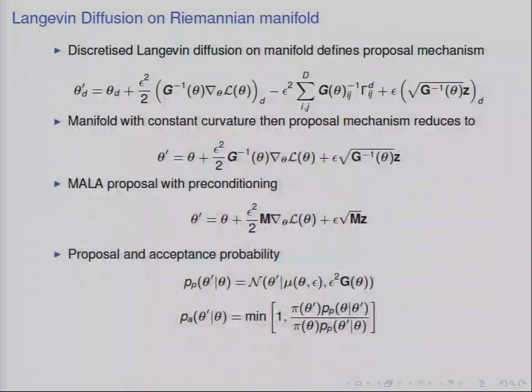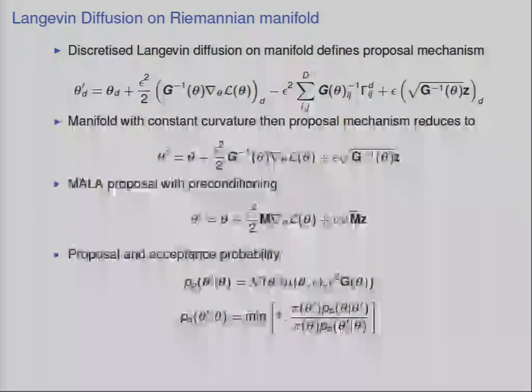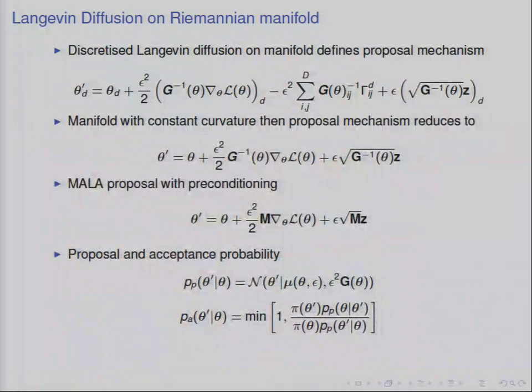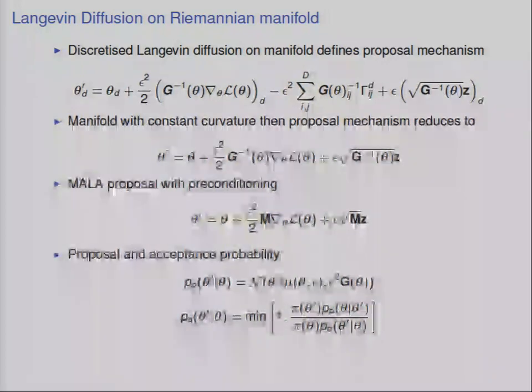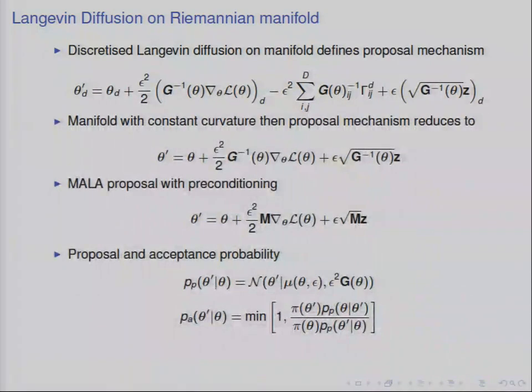And now we have a covariance structure which again is a function of current position and scaled by the square of the integration step size. Now, of course, because we've discretized this, this is just a proposal. We therefore define the overall transition kernel by the product of our proposal and our acceptance probability, which in this case is just the standard Hastings type acceptance probability.